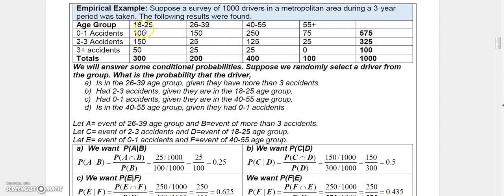Okay, so here's 18 to 25, and 2 to 3 accidents is 150. So the probability of C intersect D is 150 out of 1,000. And now let's find the probability of D. In the 18 to 25 group, there's 300 of those, so the probability of being in that group would be 300 out of 1,000. So 150 over 1,000 divided by 300 over 1,000 is 150 over 300, or 0.5.